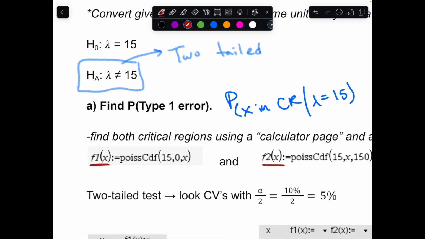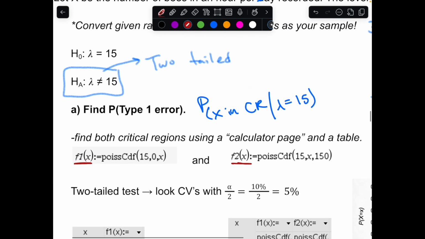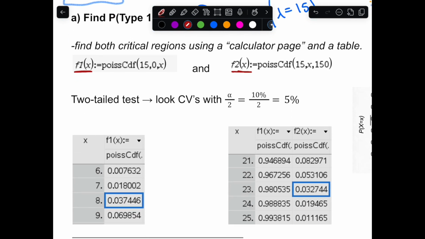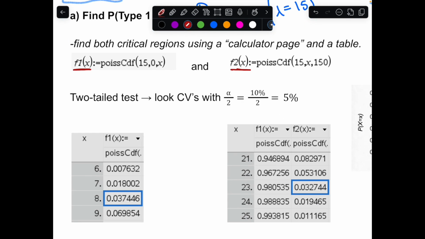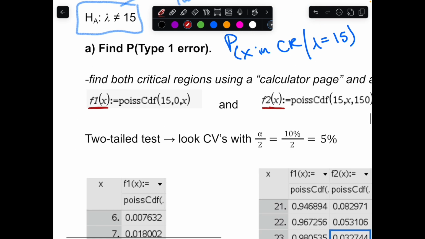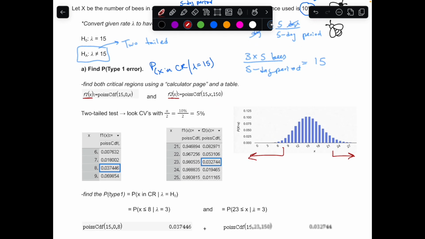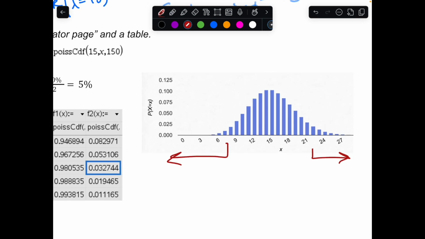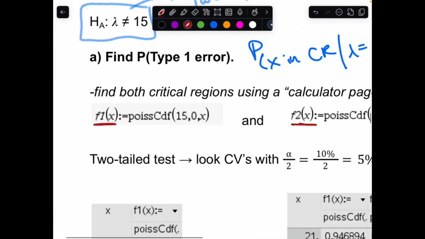We're going to start by defining 2 functions in a calculator page using a Poisson CDF. Then we're going to move those functions over into a spreadsheet and convert it into a table. By doing this, what we're actually asking the calculator to calculate is a CDF at 0 B's or less, 1 B or fewer, 2 B's or fewer, 3 B's or fewer, etc. So we're getting a bunch of CDFs, and that lower bound is fixed at 0, upper bound is changing, so it's a variable.